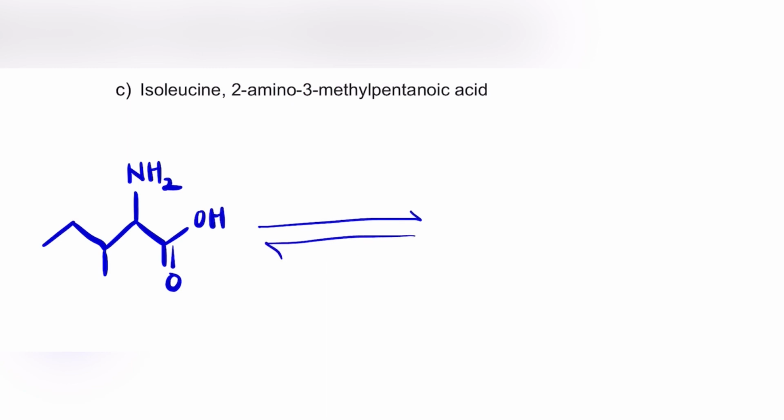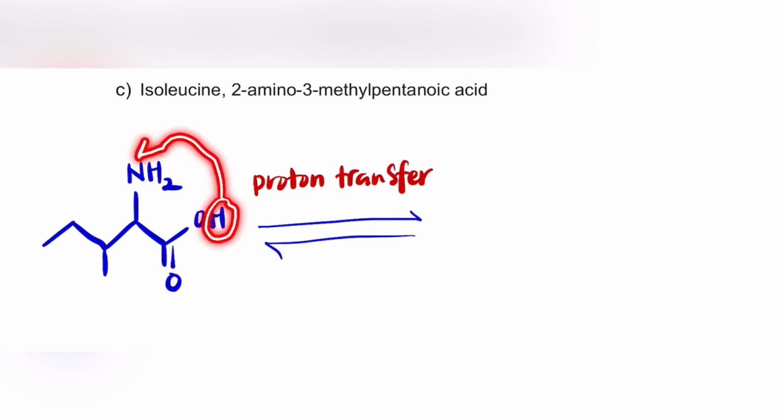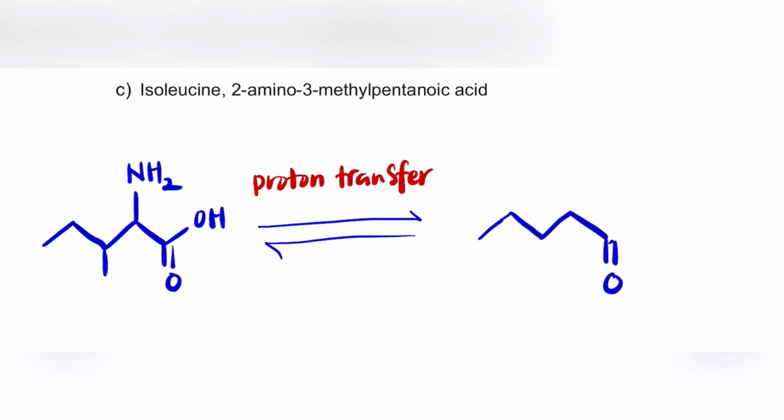Draw the reversible arrow, and then transfer hydrogen from the carboxyl group to the amino group. So we have our structure for Zwitterion. The rest remains: double bond O, O minus, and NH3 plus, and the methyl group stays. So this is our structure for Zwitterion.